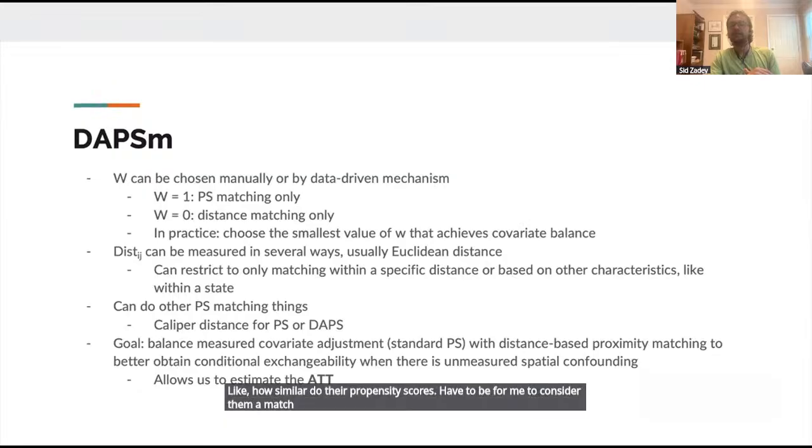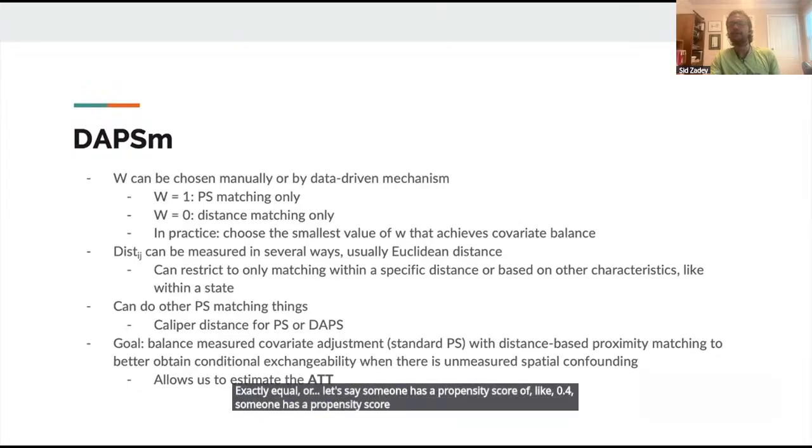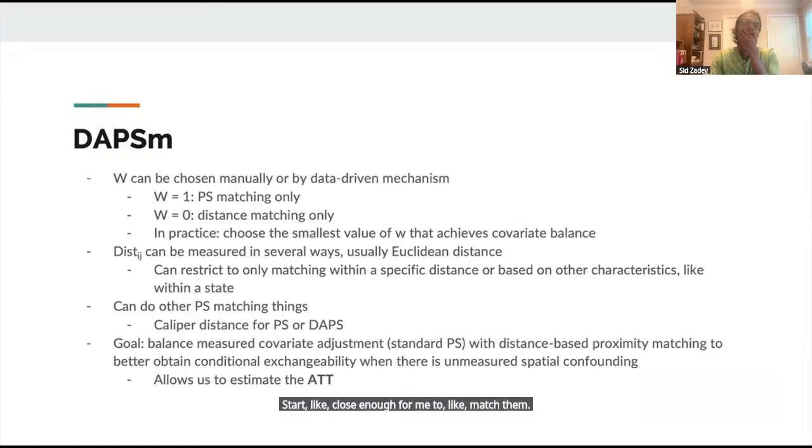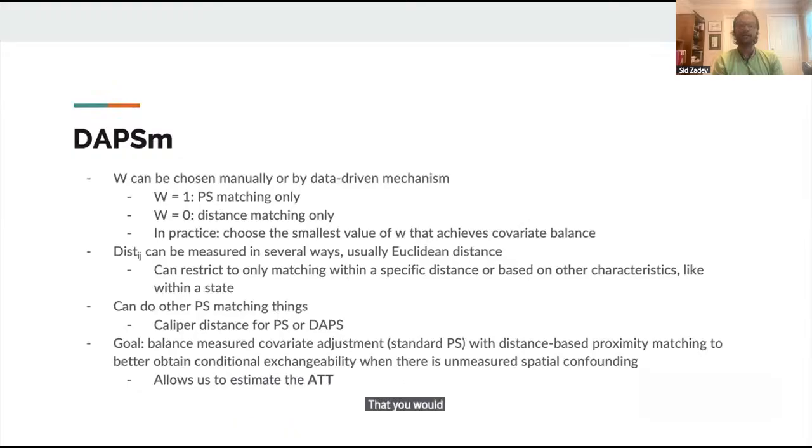Do they have to be exactly equal, or let's say someone has a propensity score of 0.4, someone has a propensity score of 0.5. Is that close enough for me to match them? That's the caliper distance. And there are a whole bunch of considerations around the caliper distance that you would need here as well.